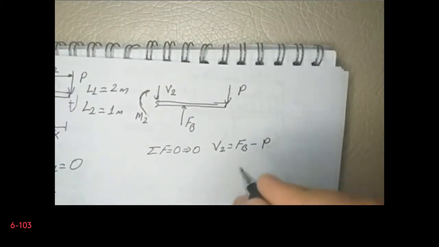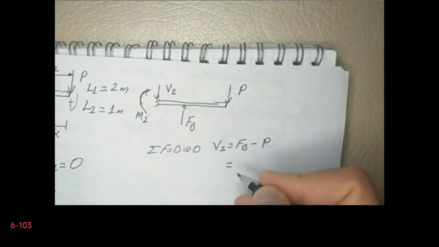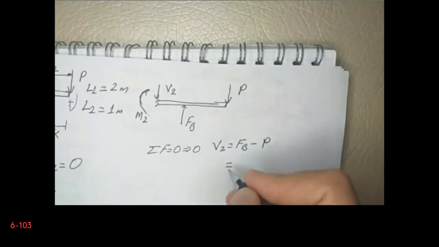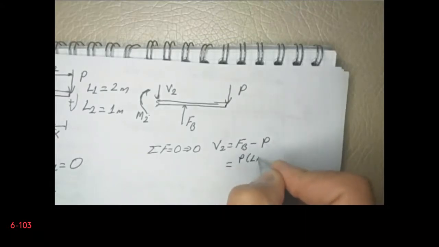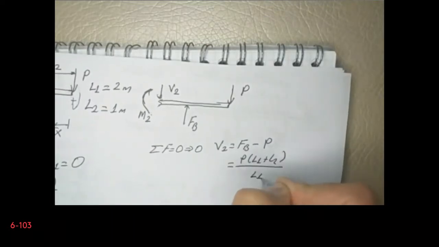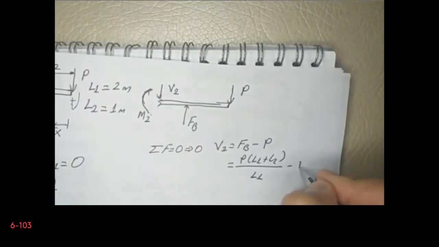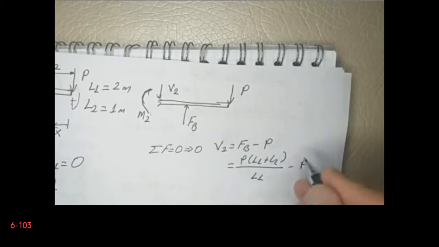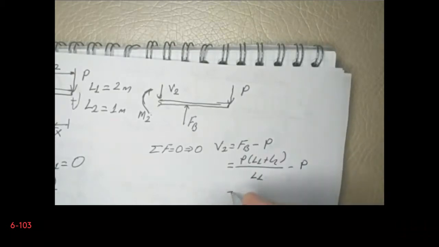FB is equal to P times L1 plus L2 divided by L1 minus P. So from here I can find V2 as P times L2 divided by L1.